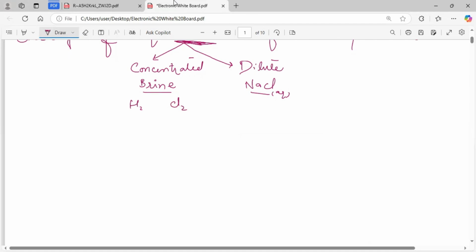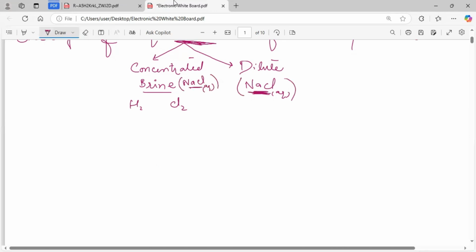Now today we are going to electrolyze the dilute sodium chloride solution. Remember, although the compound is the same, this is the concentrated solution, whereas this one is the dilute solution.